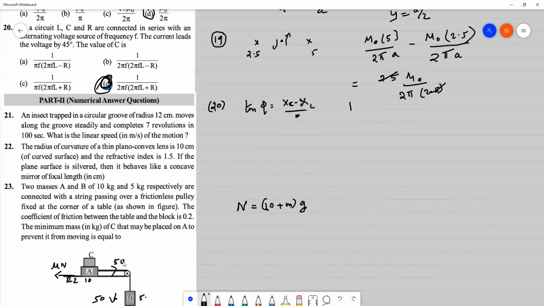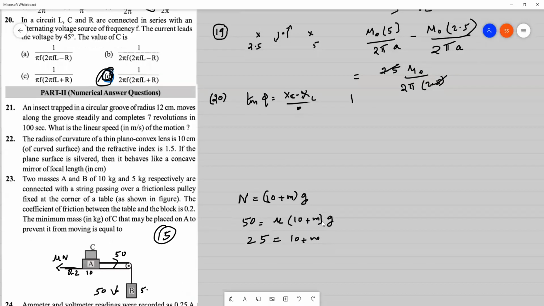So to just move this, the applied force 50 Newton should be equal to the friction force, mu times 10 plus m into g. Here mu is 0.2 and g is 10, so this gives you 2. So 25 is equal to 10 plus m, so m should be equal to 15. The answer should be 15 for this one.